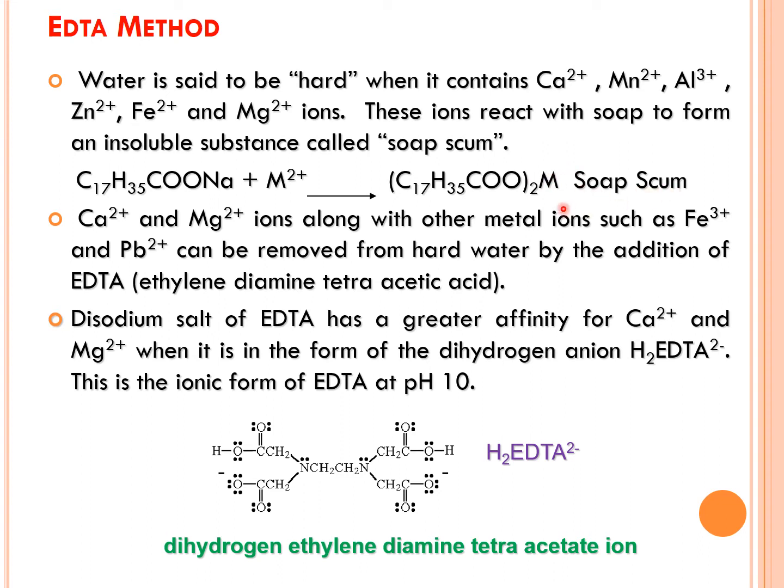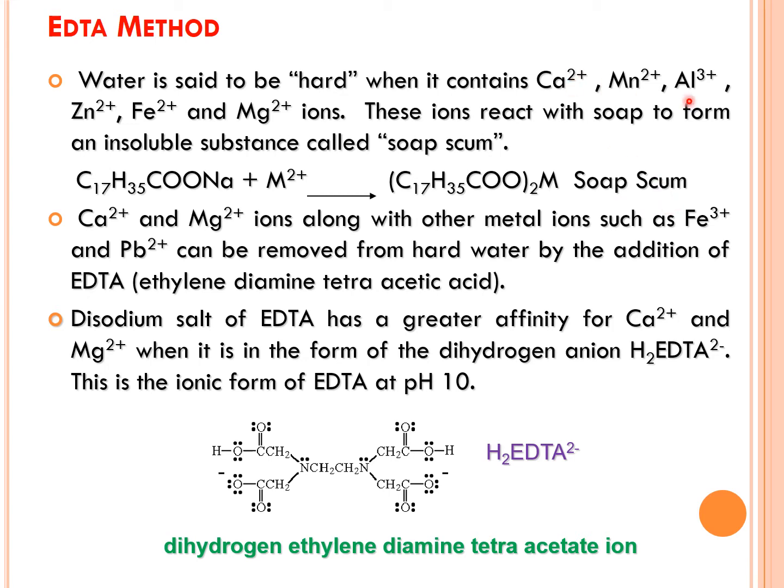So the soap will precipitate, it will not form lather with the water solution, and it will not perform cleaning. Till the time the water has hardness causing metal ions, all the ions react with the soap and precipitate it in the form of soap scum.